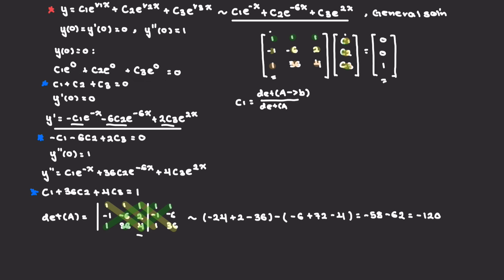And so by swapping the columns, I mean that the first column is going to be 0, 0, 1. The second column is going to be the same, and the third column is going to be the same.